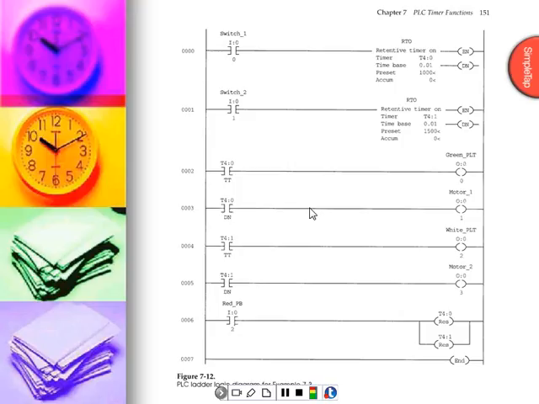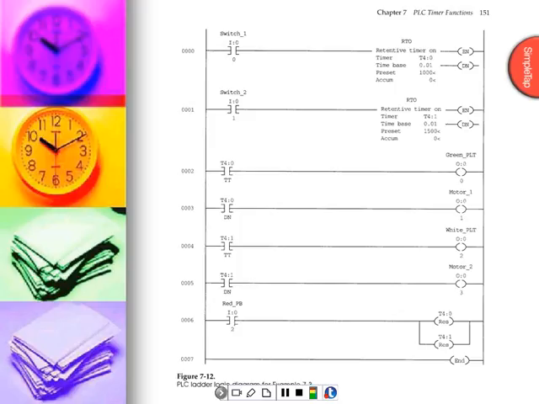Now on the other one, all I had to do was open the switch and everything started over. If I open switch 1, motor 1 is still going to be running and green light's still going to be off. I have to go down to the red PB, red push button down there on line 6, I would assume. Is that the same line for you? And reset it.